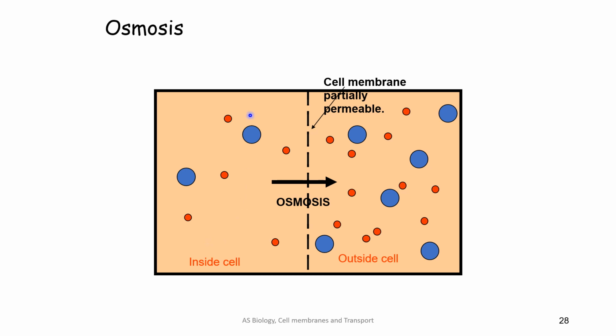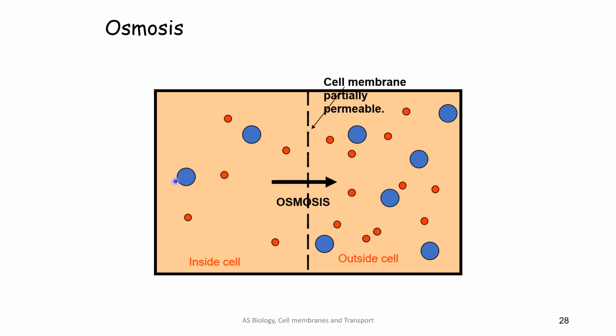So our water molecules in this example have begun to move outside of the cell. They have moved to dilute out to become equal with these sugar molecules. Our sugar molecules cannot move across the membrane, so our water molecules have to move to create an equal environment with our sugar molecules.